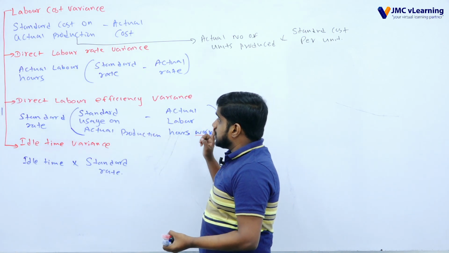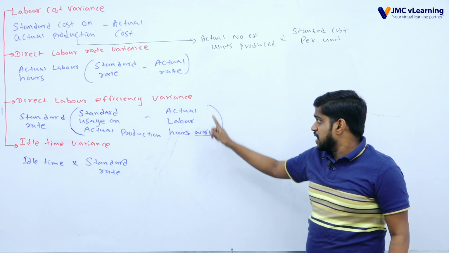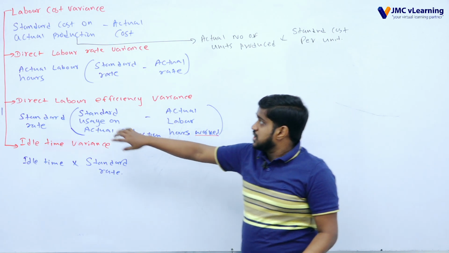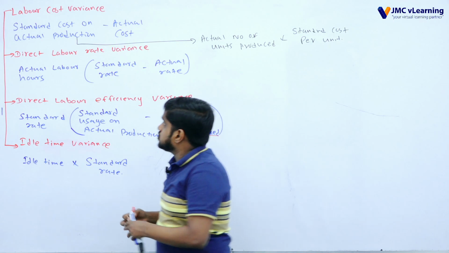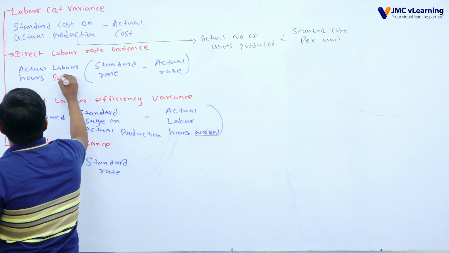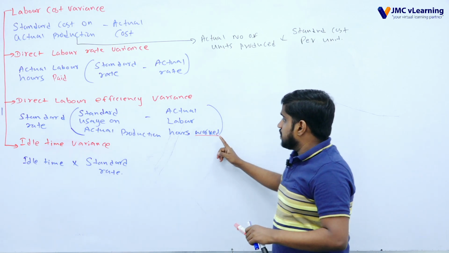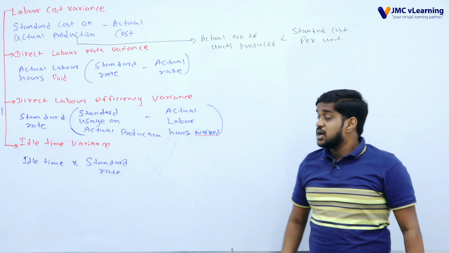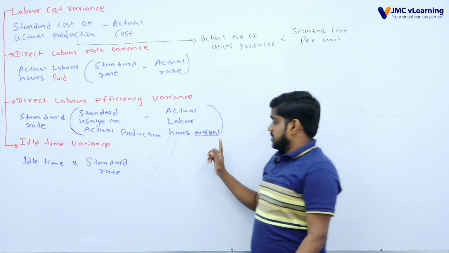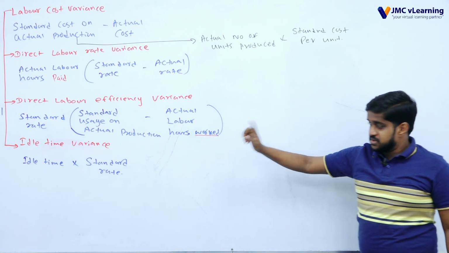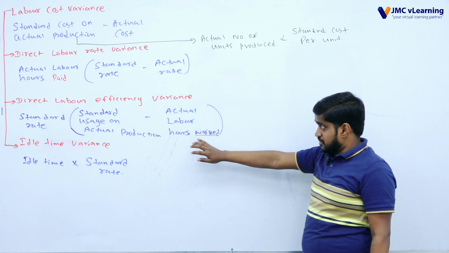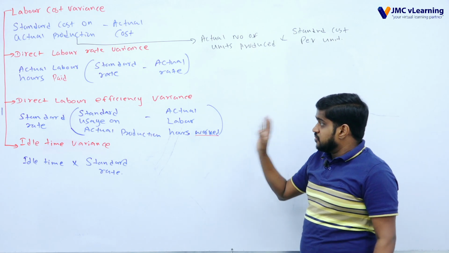Therefore when we calculate direct labor efficiency variance, we need to get actual labor hours worked. Normally at this point we get actual labor hours paid, and we pay for both worked hours as well as idle time or idle hours. But for the direct labor efficiency variance, we need to consider actual labor hours worked.